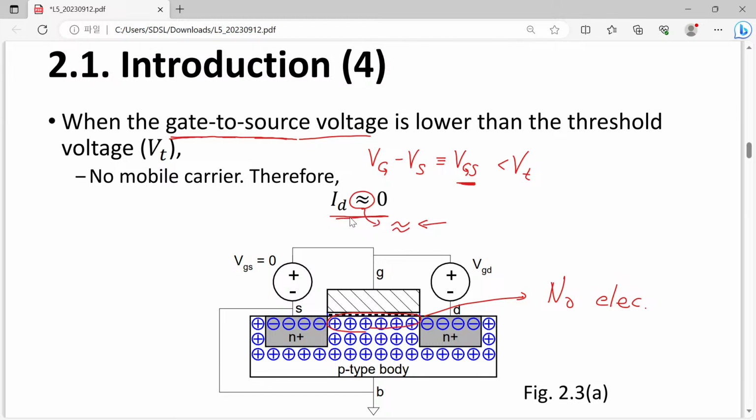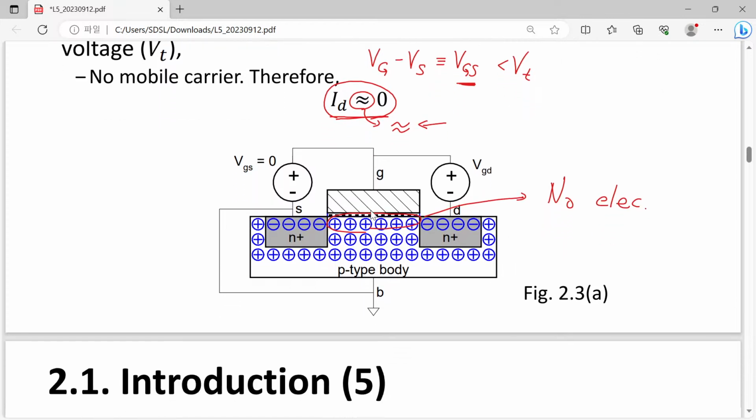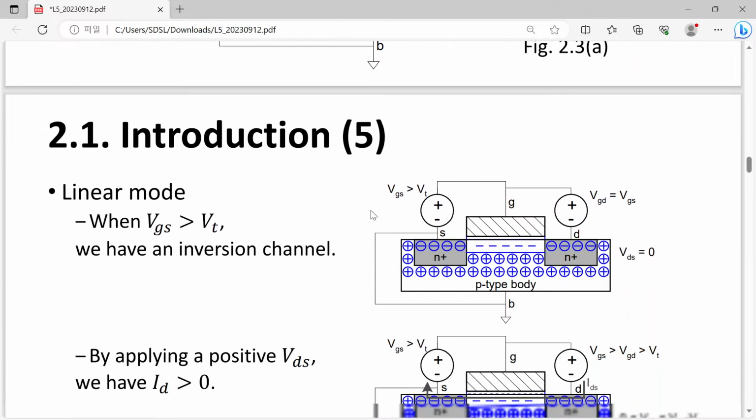Yes, that's true. But how small is it? It really matters, and you have to be very careful about the amount of current. But for now, just treat it as 0 for this first order consideration.